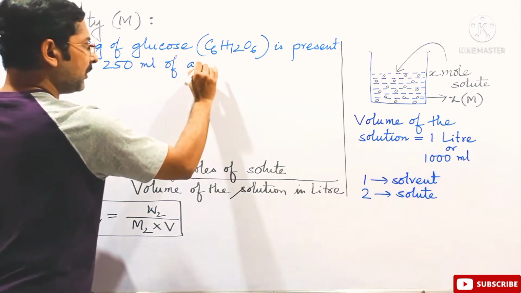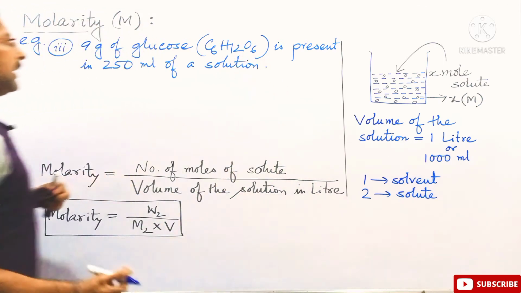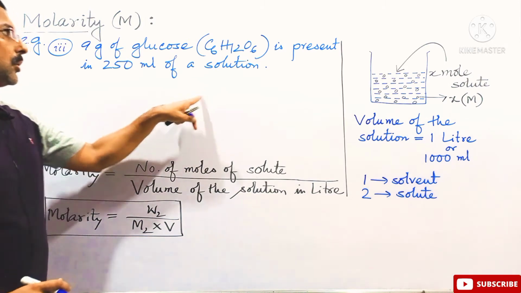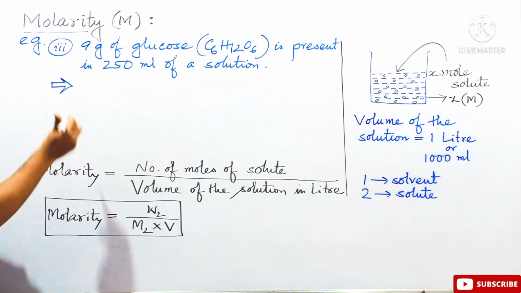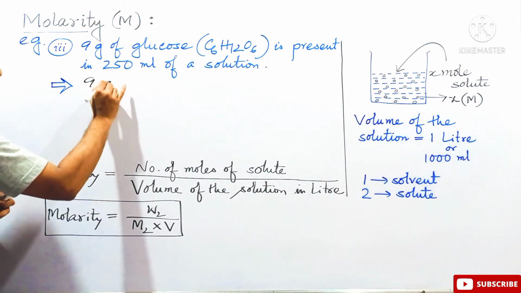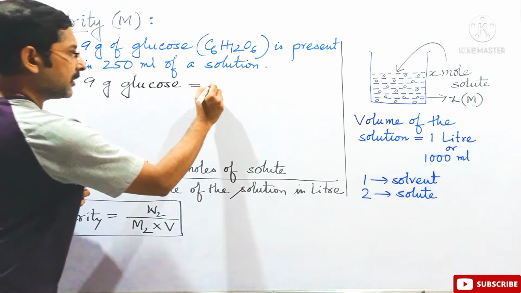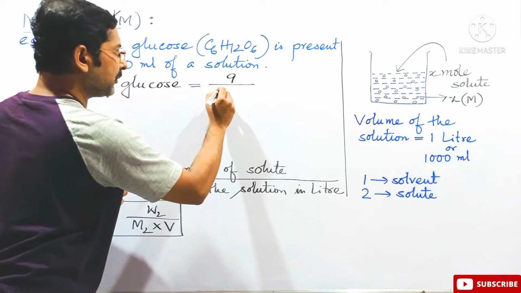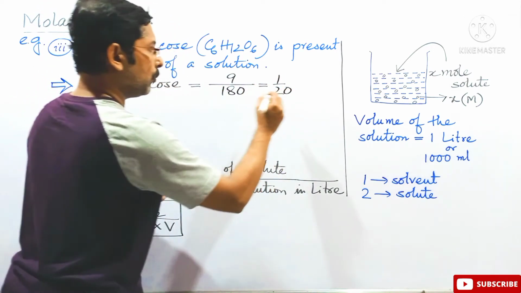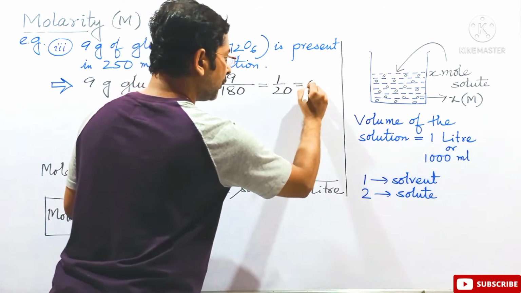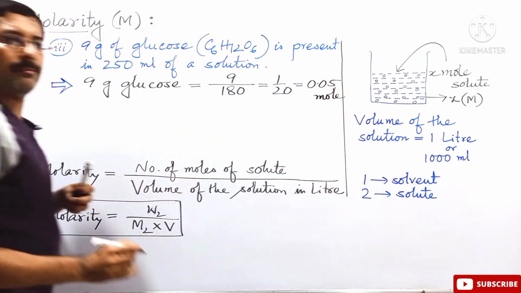250 ml of a solution, right? So we have to calculate the molarity of the solution. Okay. So here, 9 gram glucose means 9 divided by the molecular mass of glucose, which is 180. So this is 1 by 20, which is equal to 0.05 moles.